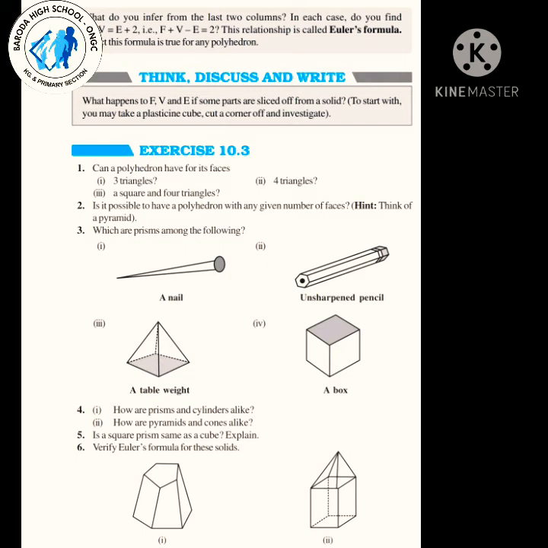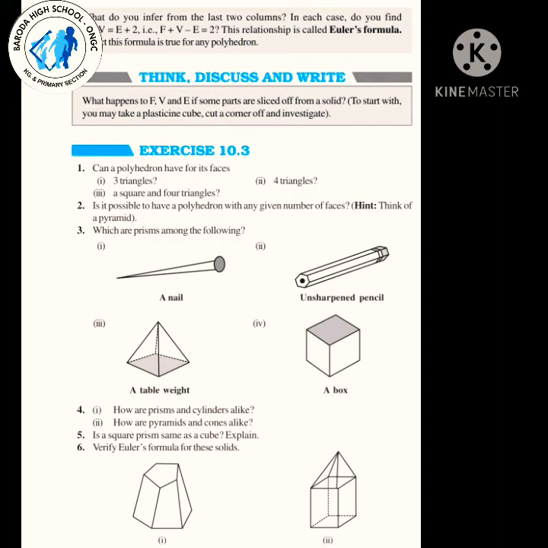Question number 4. How are prisms and cylinders alike? Now if you look at a cylinder, it looks like a prism with a circular base. Okay, and the next part asks, how are pyramids and cones alike?